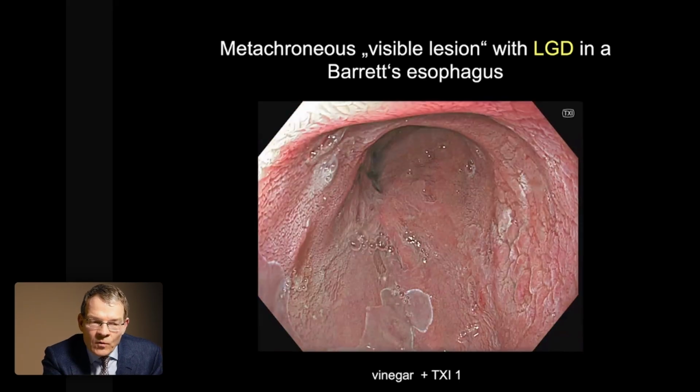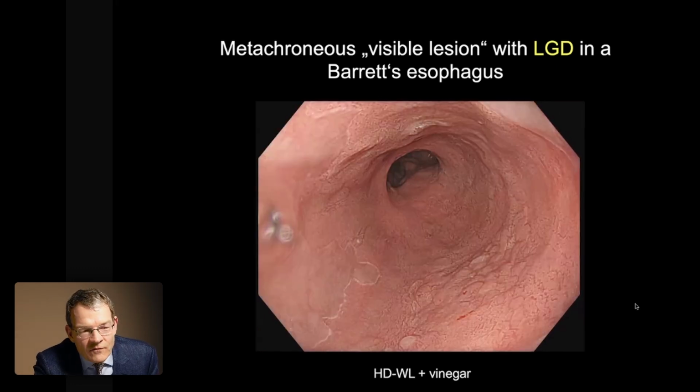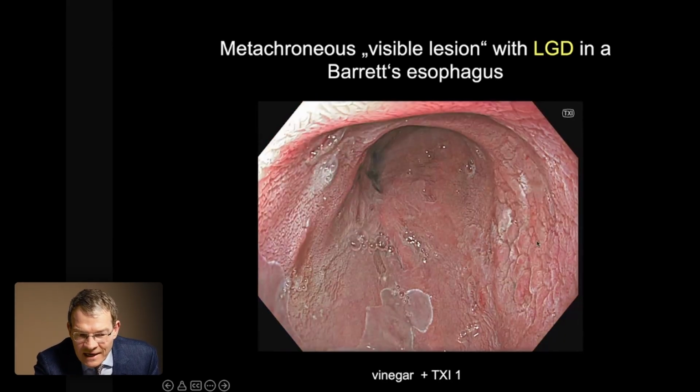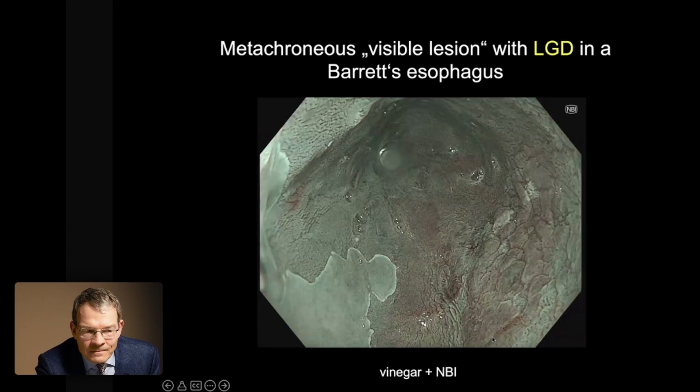And now we have the possibility to combine the classical and the virtual chromoendoscopy, and I think this is very helpful because these structural abnormalities of combination of white light and vinegar we can enhance again now with TXI. And I think we can better delineate the lesion by using vinegar in combination with TXI.